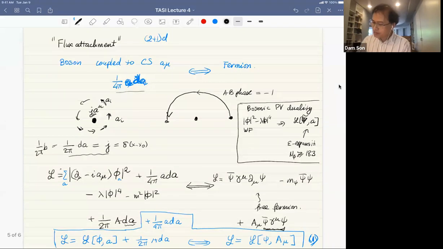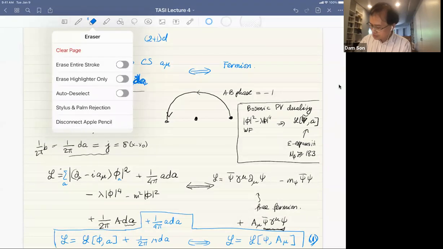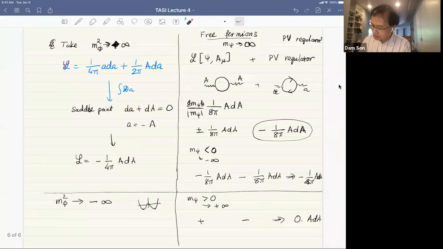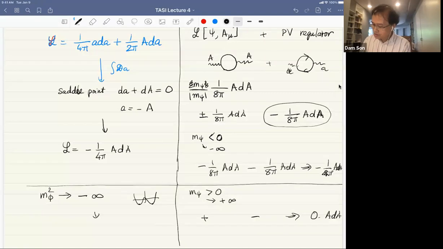That means that this term basically suppresses all the fluctuations of the capital A field, so of the little a. If we are in the Higgs phase, this little a becomes massive, and it cannot fluctuate. If it doesn't fluctuate, then all these terms completely disappear. So here we have nothing. We have 0.